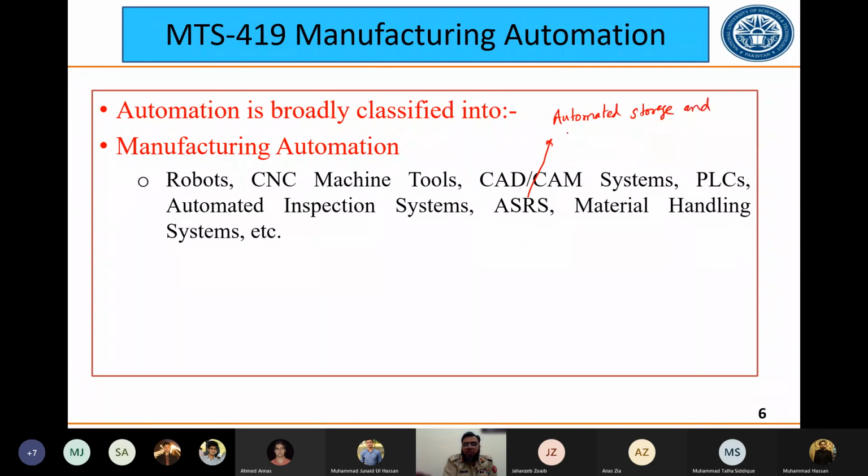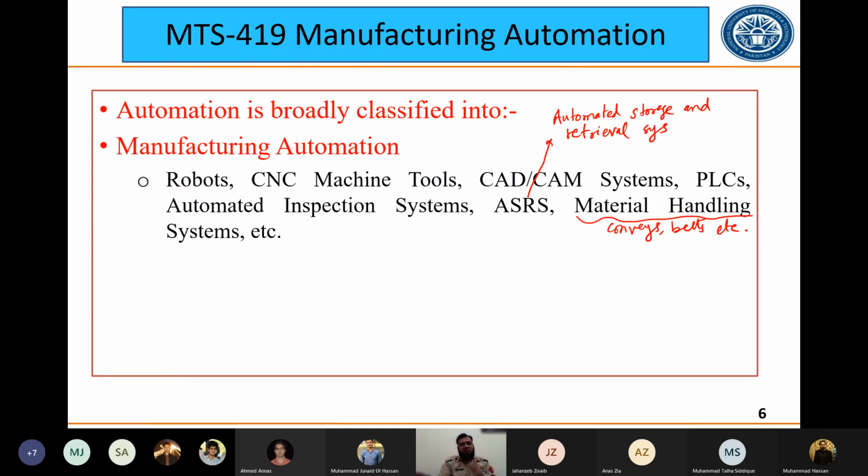And similarly, the material handling systems are the conveyors, belts, etc. We would be dealing with ASRS and the material handling system in a lot more detail, and we will be carrying out the analysis and some mathematical calculations of this.